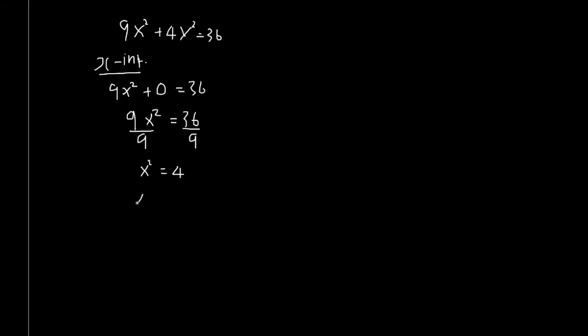Now we know x to power 2 equal 4, therefore x equal what? x equal plus or minus 2. Therefore, how many x-intercepts do we have? We have two x-intercepts, negative 2 comma 0 and positive 2 comma 0.